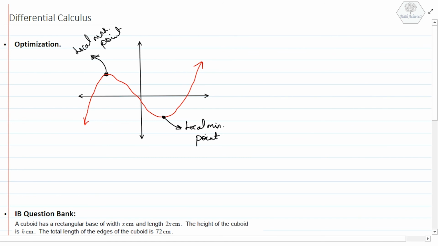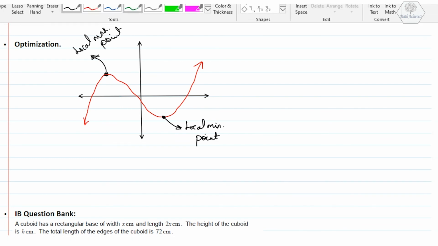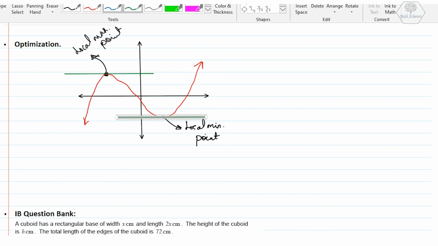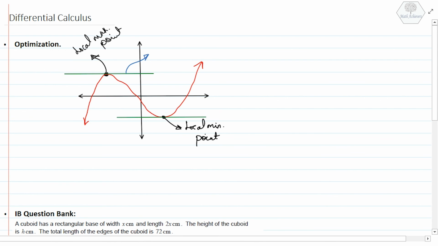If we want to find the gradient of the tangent at these points, let's draw some tangents on these points. Let's draw a tangent on this point, and let's have another tangent here. You can realize that this tangent and the other tangent is a horizontal line, and the gradient of the horizontal line is always equal to 0.